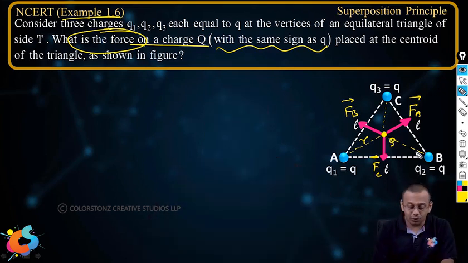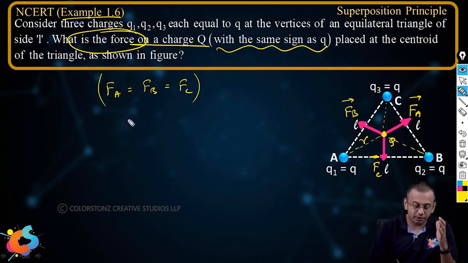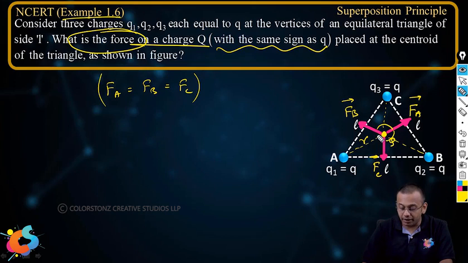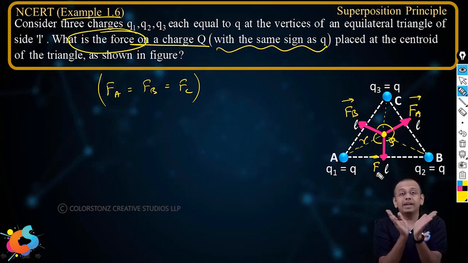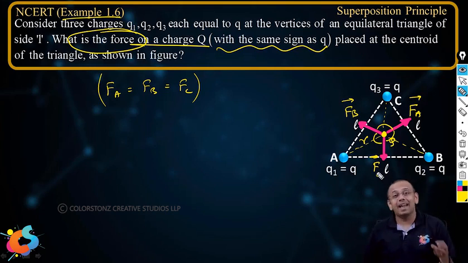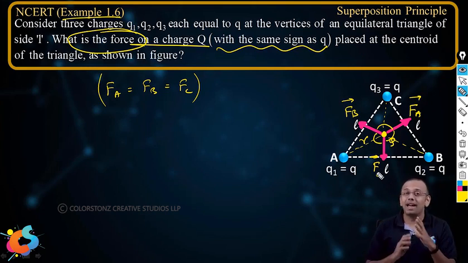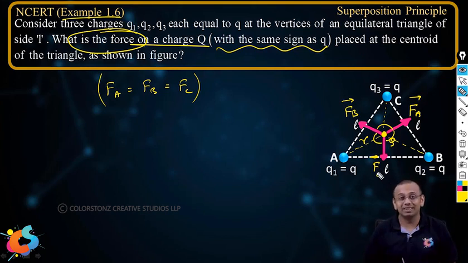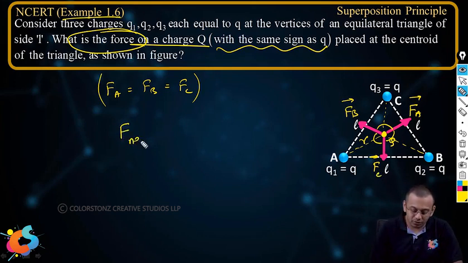Since the magnitude of all these forces, FA, FB, FC, is the same, all these vectors, when we add, are also spaced at equal angles. The angle between any two of them is 120 degrees. And if we take three such vectors, which are of equal magnitudes and at 120 degrees from each other, then the net is going to be 0. They are going to cancel out. F net is going to be 0.